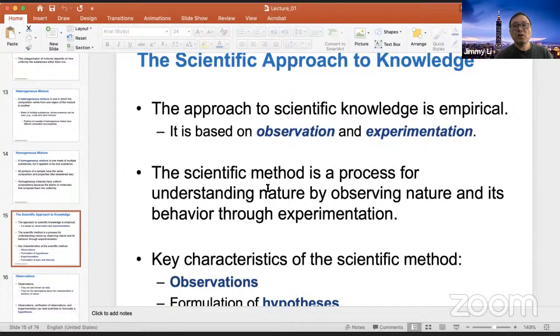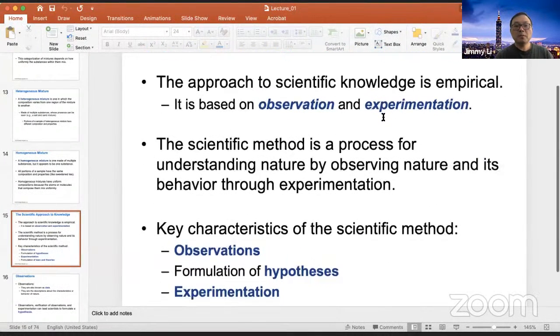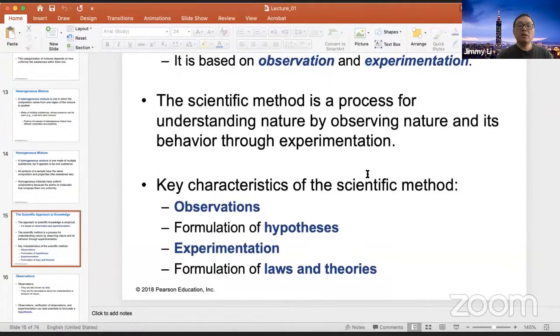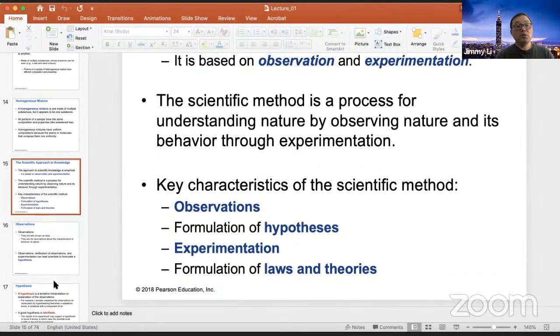Again, this is our scientific approach, the scientific method. The key characteristics of the scientific method are observation, hypothesis, experiment. It can finally define a law and theory. Scientists need to have some kind of curiosity.